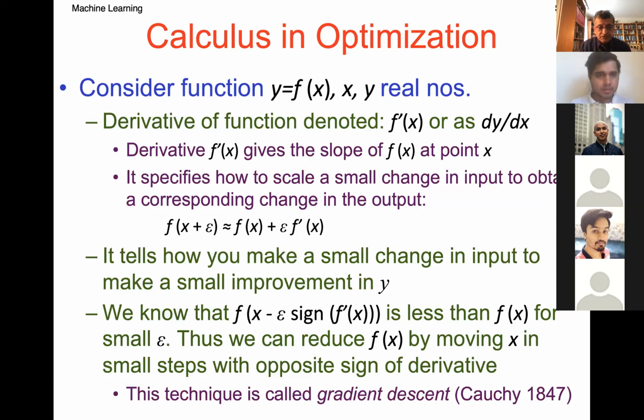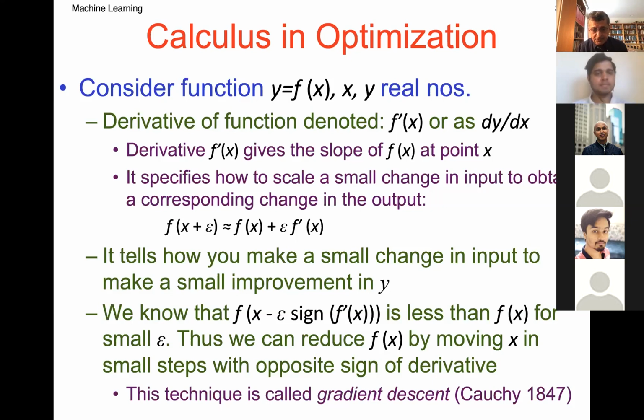So f of x plus epsilon is approximately equal to f of x plus epsilon times f prime of x. It tells you how to make a small change in the input to make a small improvement in y. We know that f of x minus epsilon times sign of f prime of x is less than f of x for small epsilon.